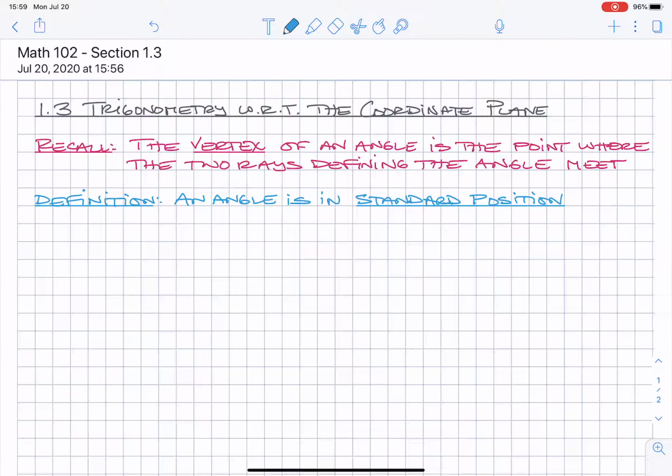If its vertex, and I'll draw a picture in a moment, is at the origin, and the origin is the point 0, 0 in the coordinate plane.